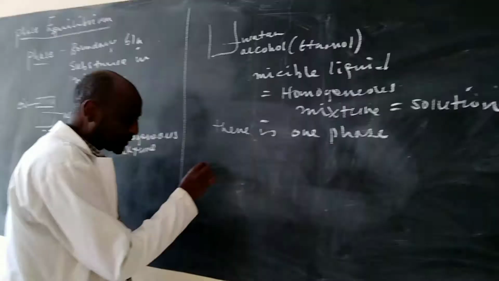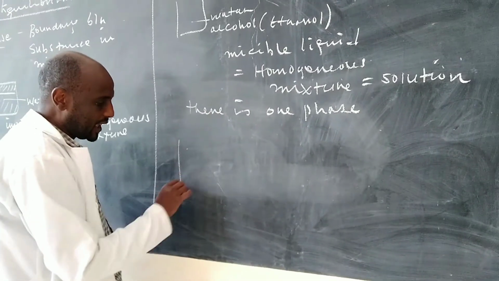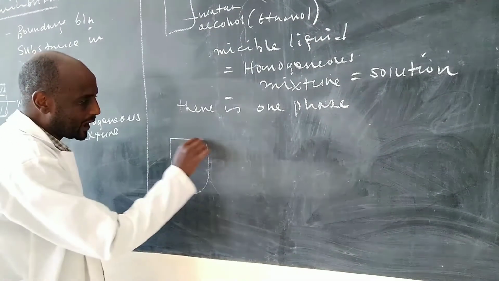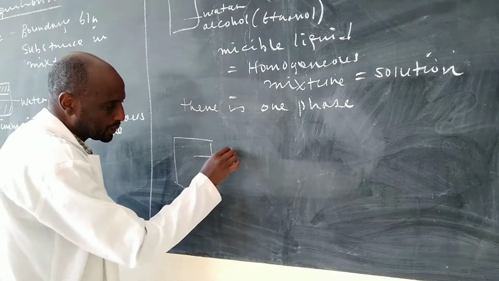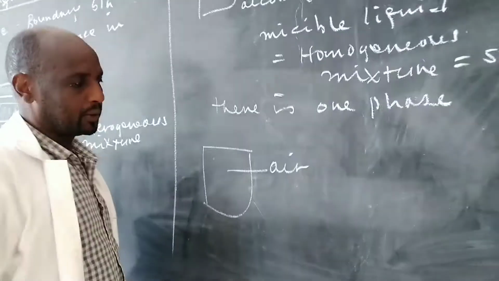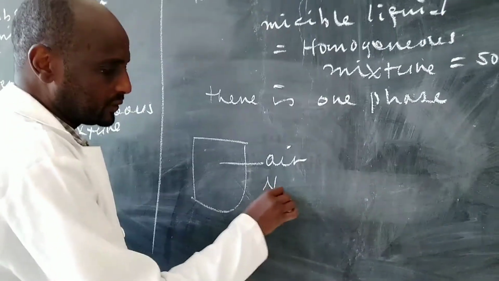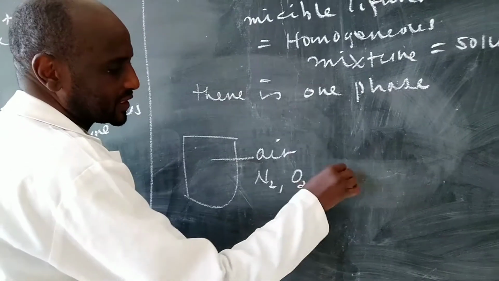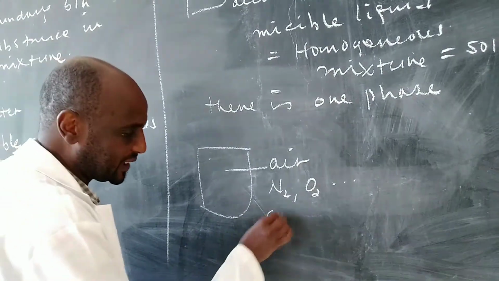For example, the other one is if you take air. The air has many components. Within the air, we have nitrogen, oxygen, and others. Now, this one is also one phase.